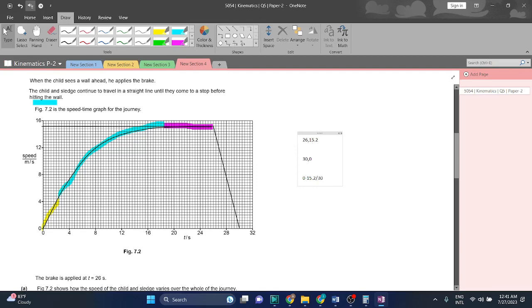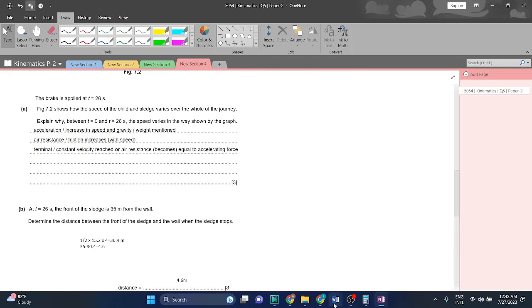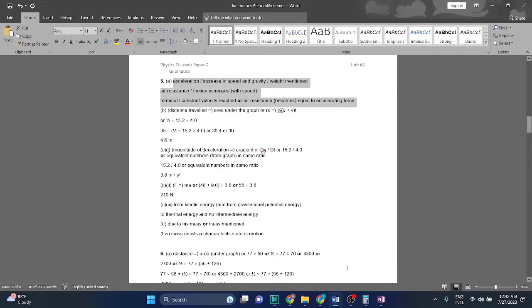So 30 minus 26 is 4. That gives minus 15.2 divided by 4. This will give us minus 3.8, which will be the magnitude of deceleration. Let's check. Minus 3.8. Yes.